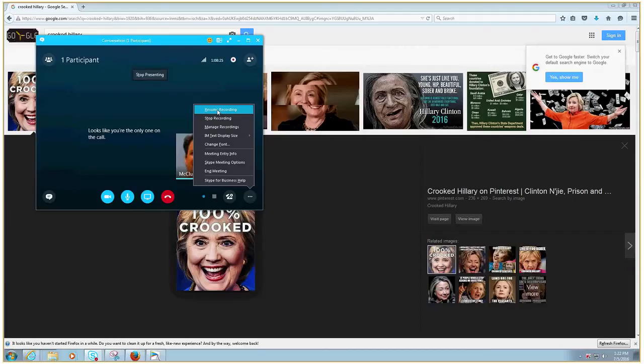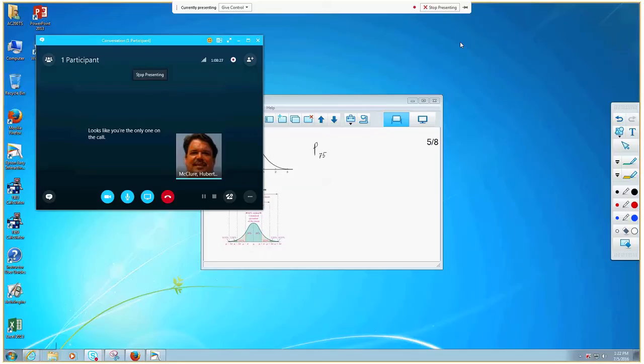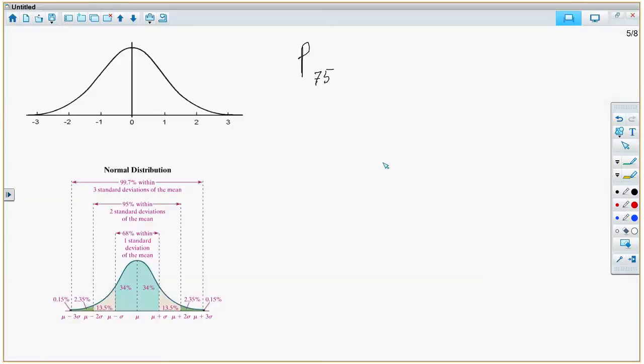Got to go back over this now. All right, so P75. Well, we said that this was 84. Well, that's not going to help us because 84 is not 75, so you're going to have to use interpolation. We said that this was 67. Well, half of 7 is what? 3.5.